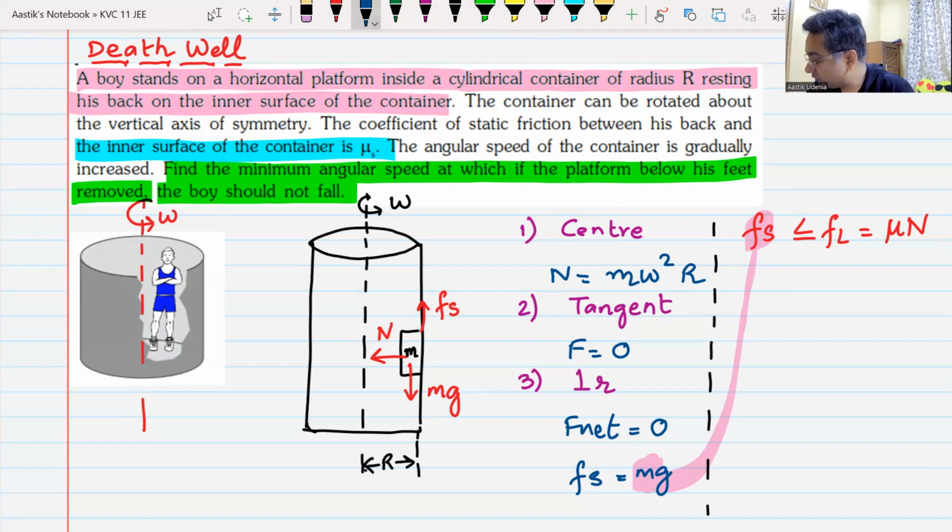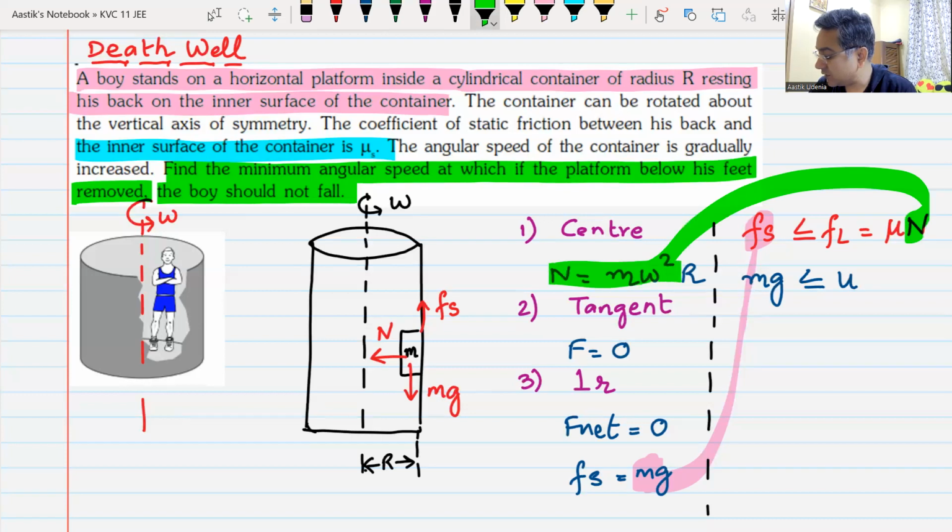So what is the value? Static friction is trying to balance the weight mg, should be less than or equal to mu. How much is N? I will put the value of N from here. What is the value of N? M omega square r.